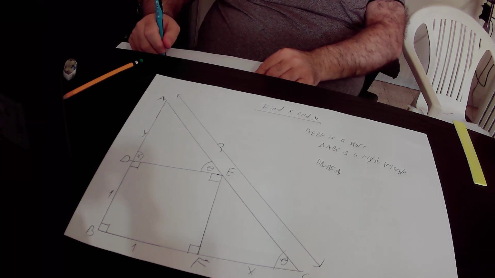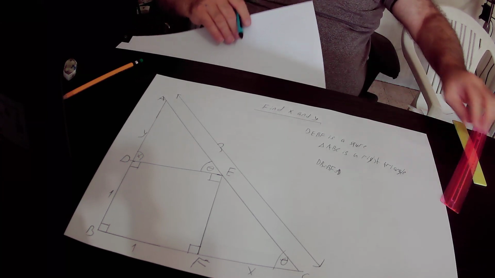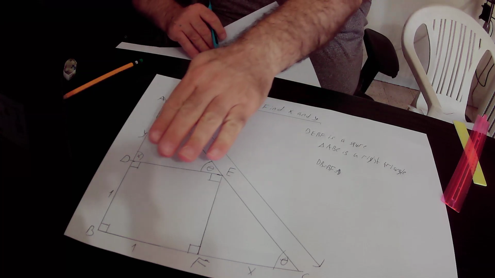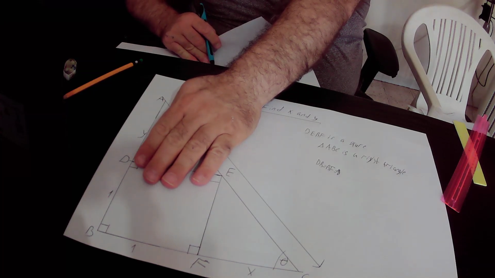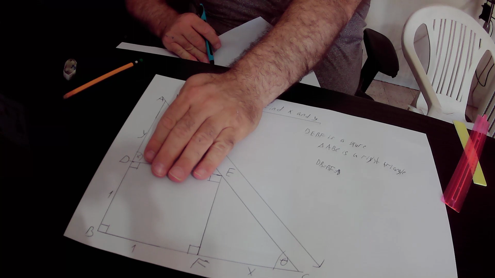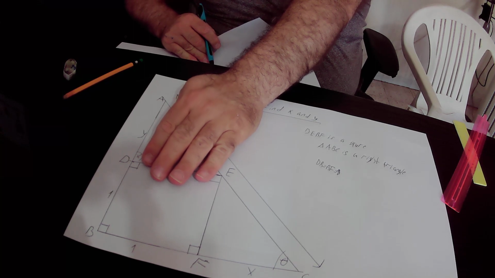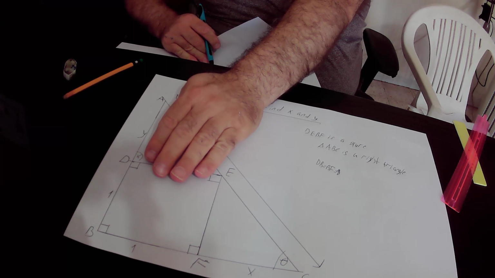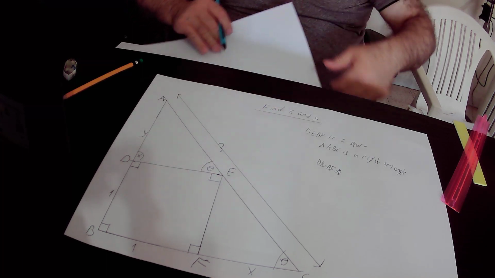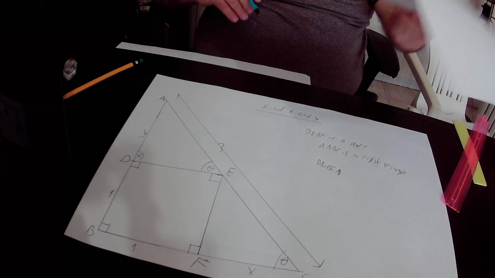I repeat again. On this side of the straight line AB at point D, the sum of the angles must be equal to 180 degrees according to rule number 2. Which angles do we have at point D? We have 90 degrees plus X, and the sum of those two angles must be 180 degrees.